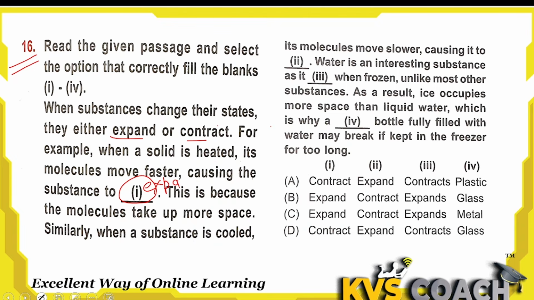Obviously, when they move faster, it means they are expanding. This is because the molecules take up more space. Similarly, when a substance is cooled down, the molecules move slower, causing it to contract. When they are moving slower, they come nearer, their space gets reduced, so they are contracting.